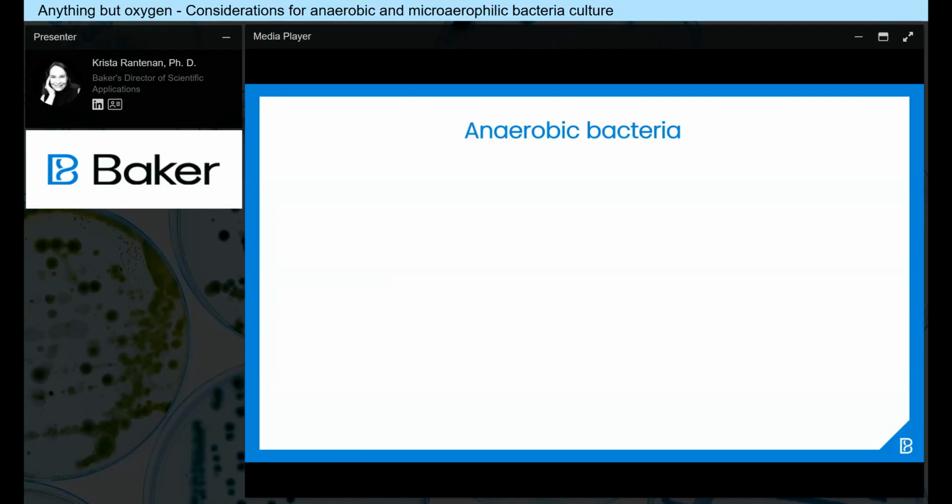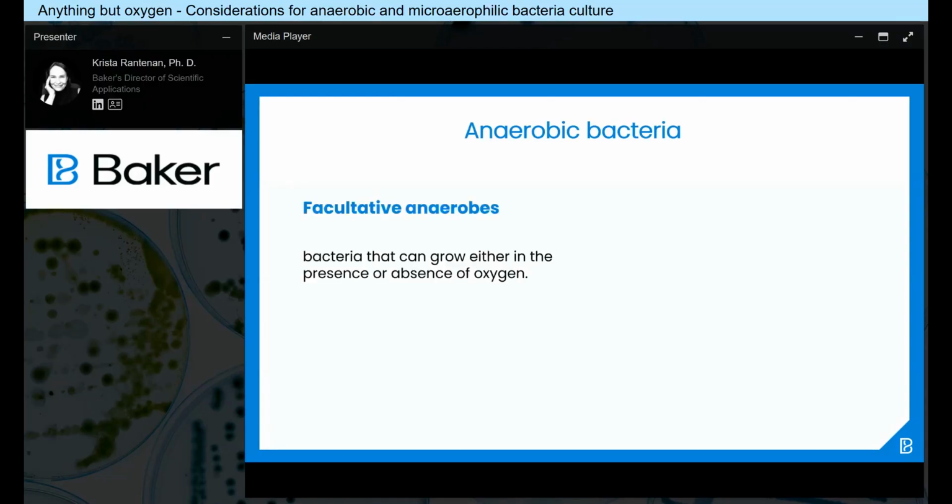So as you know, anaerobic bacteria can be classified by their tolerance of oxygen. Okay, so we have facultative anaerobes, and this group doesn't really mind the oxygen level, and they can grow either aerobically in the presence of oxygen or anaerobically in the absence of oxygen.